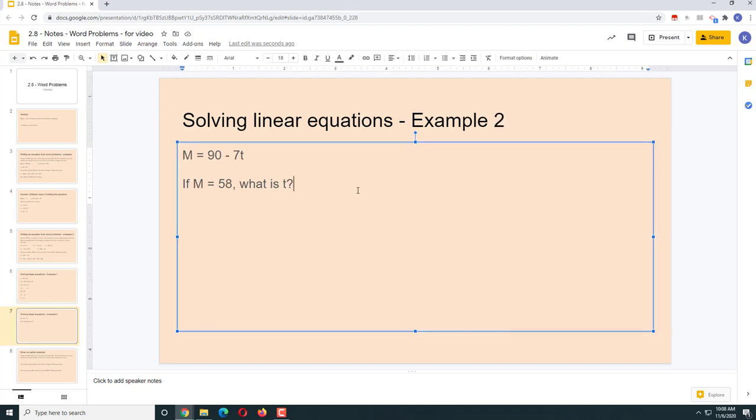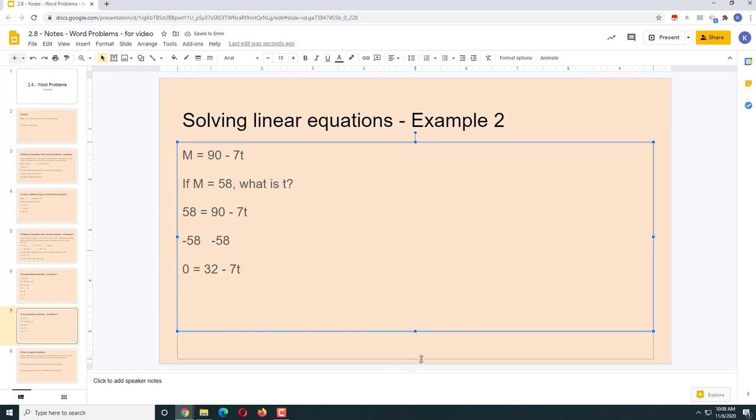One more example. M equals 90 minus 7t. But m is 58, so I write this here. Okay. I subtract 58 from each side. I get 0 equals 32 minus 7t. Multiple ways you can do this.